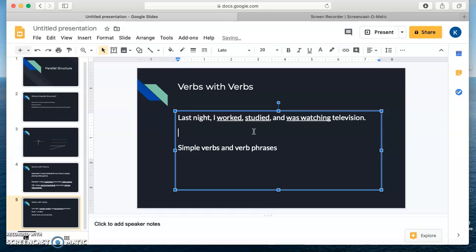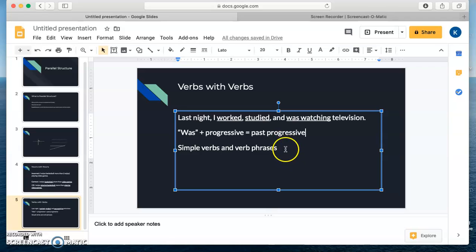Was watching, however, well, this is a verb phrase. Was is a linking verb, and watching is a progressive verb, is it not? Therefore, what we have here is not a simple past tense verb, but rather we have a, if anyone can remember, a past progressive verb tense.